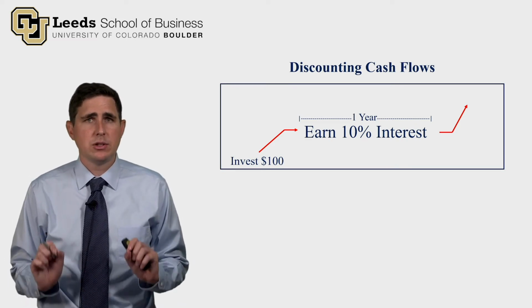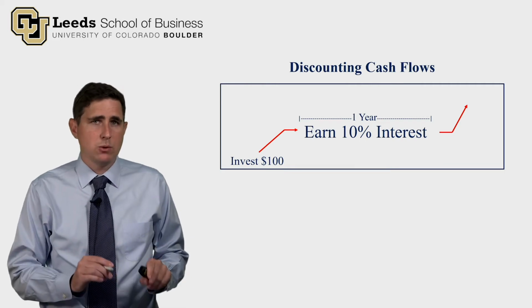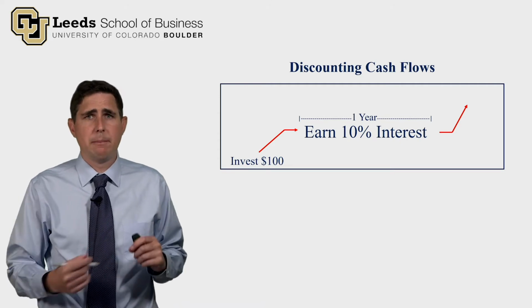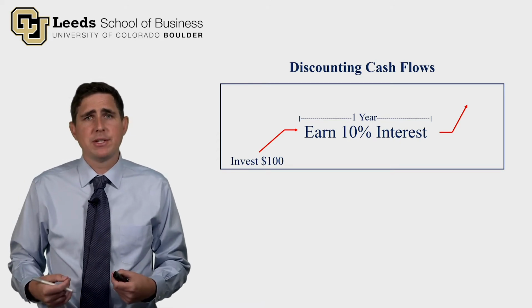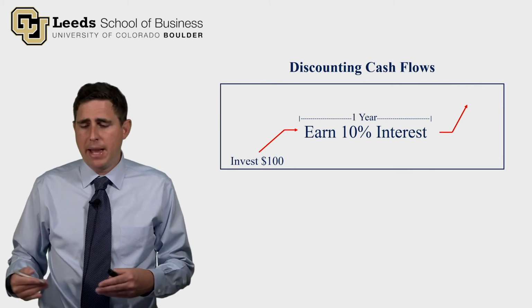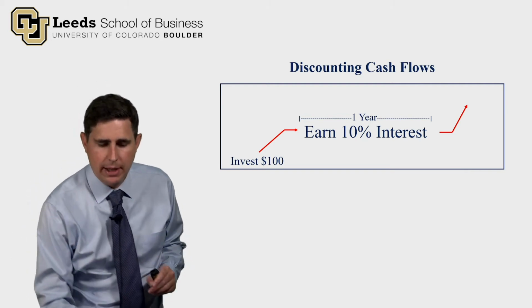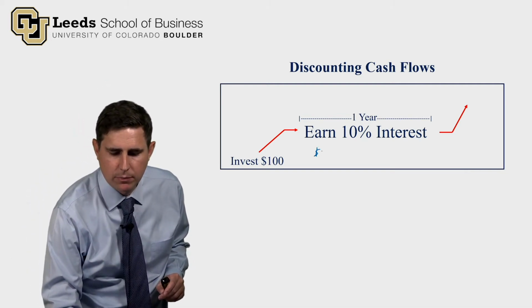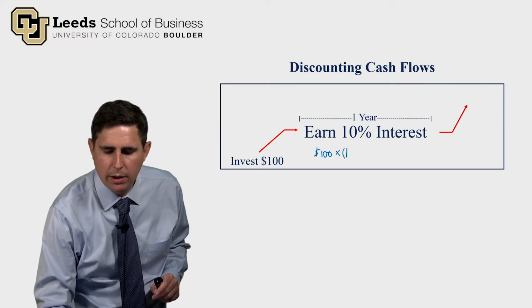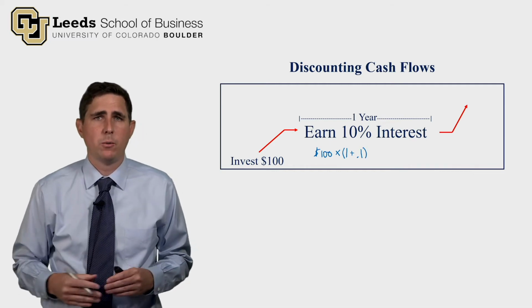So this slide is just to introduce you to discounting cash flows. Suppose you invest, and this is a different example, suppose you invest $100 in a bank account, and the bank account promises to earn you 10% interest for 1 year. How much money will the bank account be worth at the end of the period? And the way you calculate that is you take the $100 and you multiply by 1 plus the interest rate, which is 0.1. 10% is 0.1.